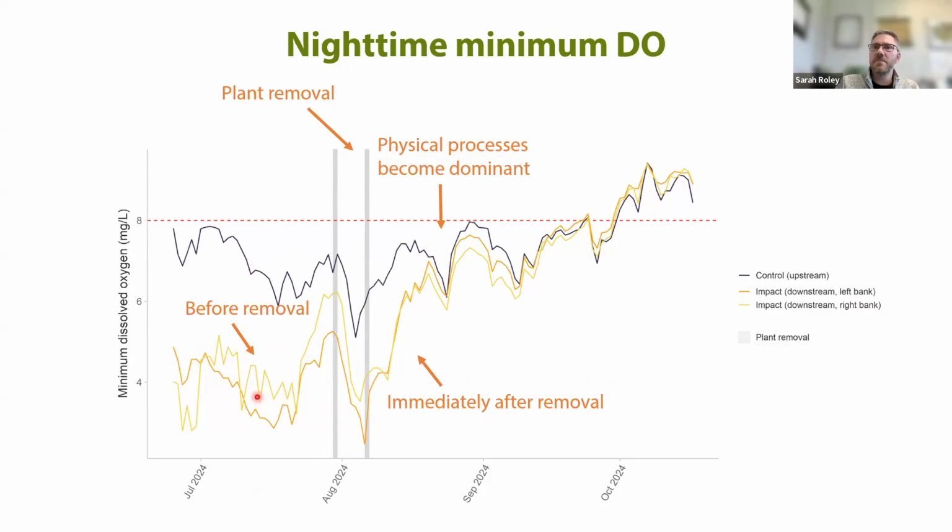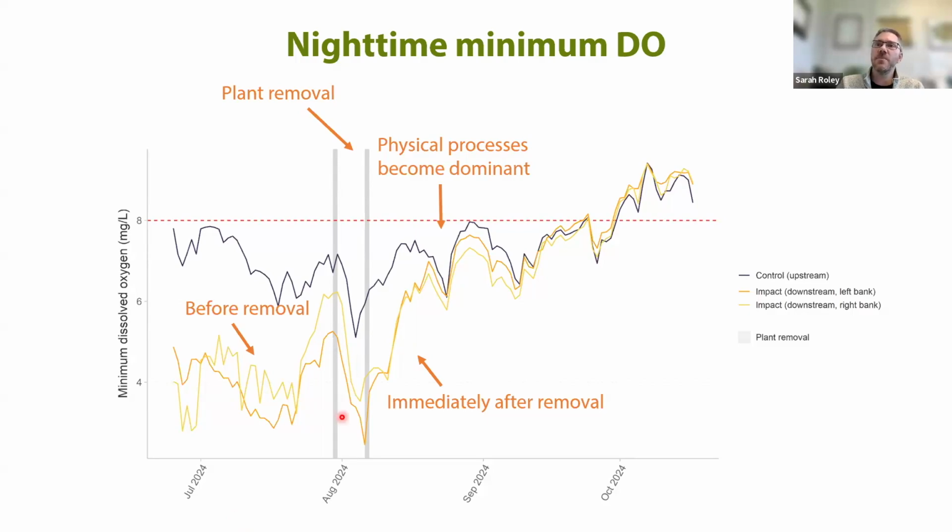And I do want to point out something that's important to note, which is that right here, before removal, nighttime DO on the left bank and on the right bank are fairly heterogeneous. They're different. It indicates that the river here may not be completely mixed, and there's some water stargrass likely having a strong impact on oxygen in different places, especially because it's just so wide.